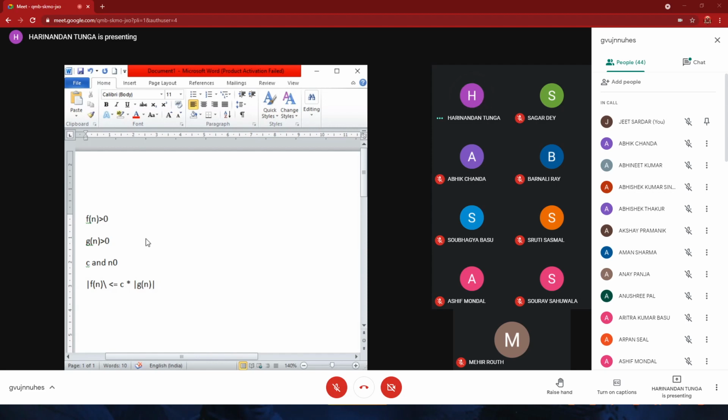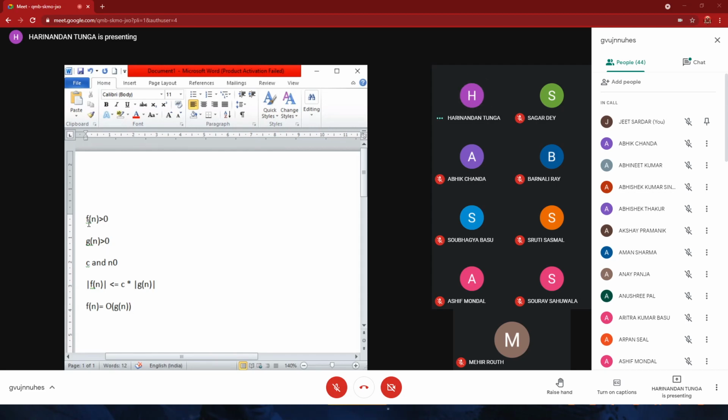If this condition is satisfied, then we can find f(n) equal to Big-O of g(n), and express f(n) equal to Big-O or big order of g(n).